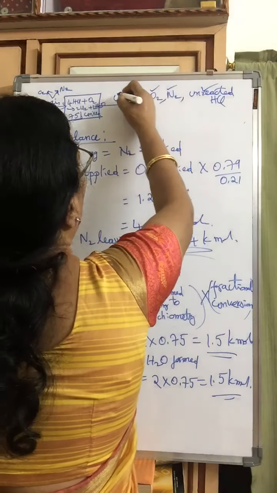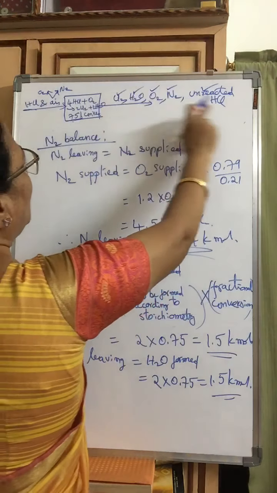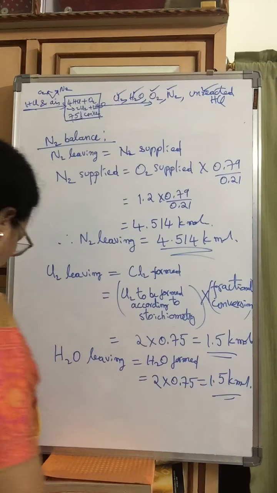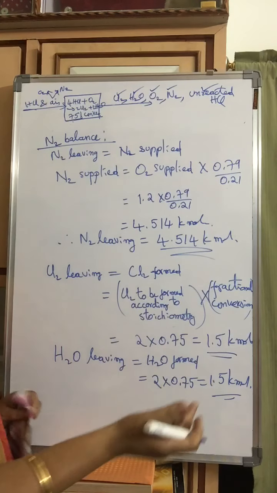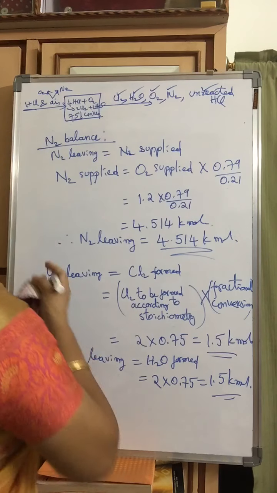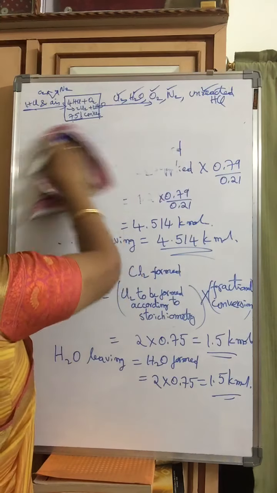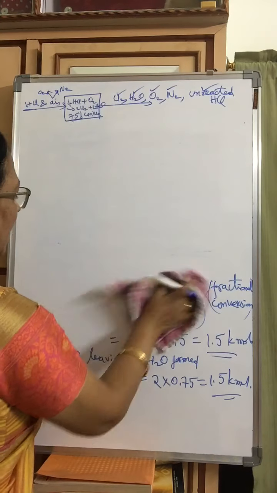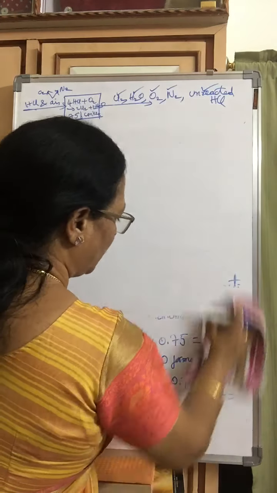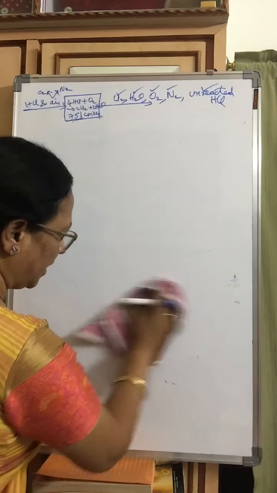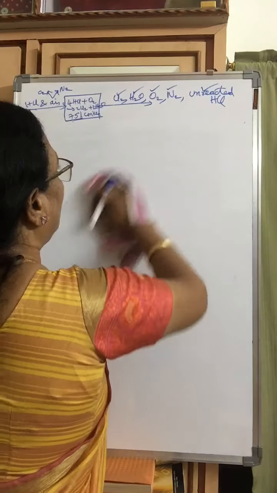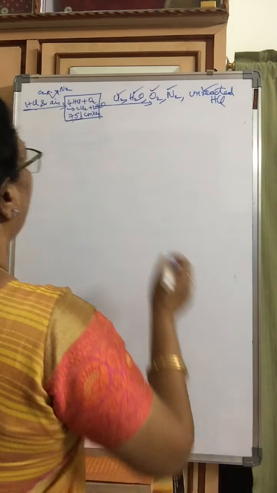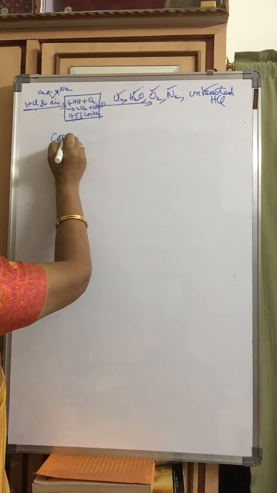So we got chlorine and water. For each component, we have calculated how many moles are leaving. For composition, we add up to get total moles, then take moles of that component by total moles into 100, to get the composition of the gaseous mixture leaving in mole percent.